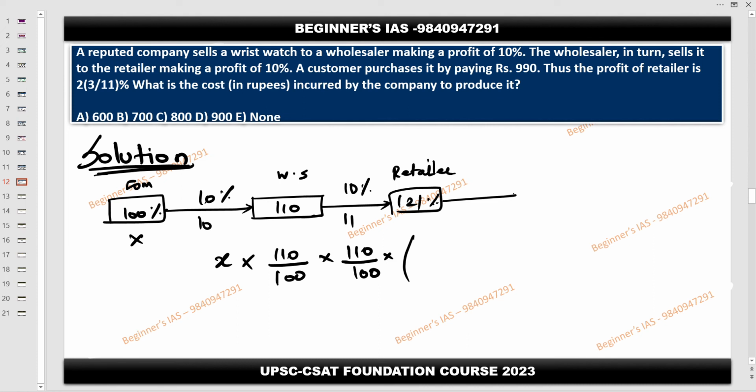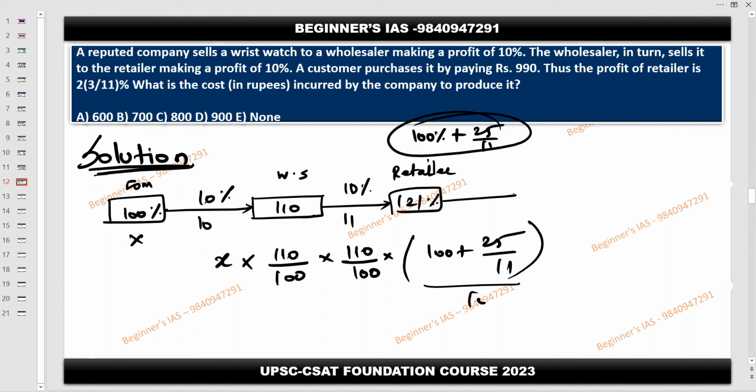The profit of the retailer, which means that if the retailer keeps on selling 100%, then profit of this much means what? 25 by 11. So what is the total now? 100 plus 125 by 11. Understood?